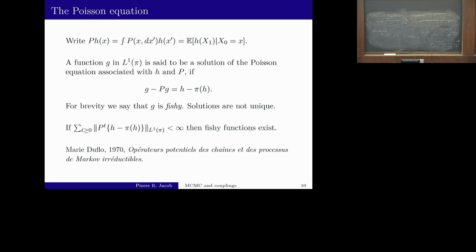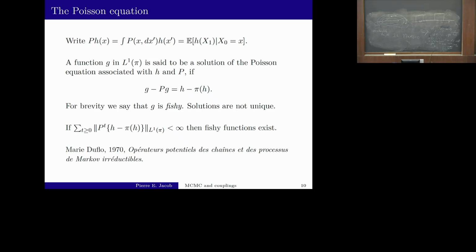Okay, so the solutions are not unique, because if you add a constant to g, the same constant will be in Pg. Because it's a linear operator, it's an integral, so the constant would go out of the integral. So g minus Pg is the same if you add any number to g. So if there is a solution, there are many solutions.